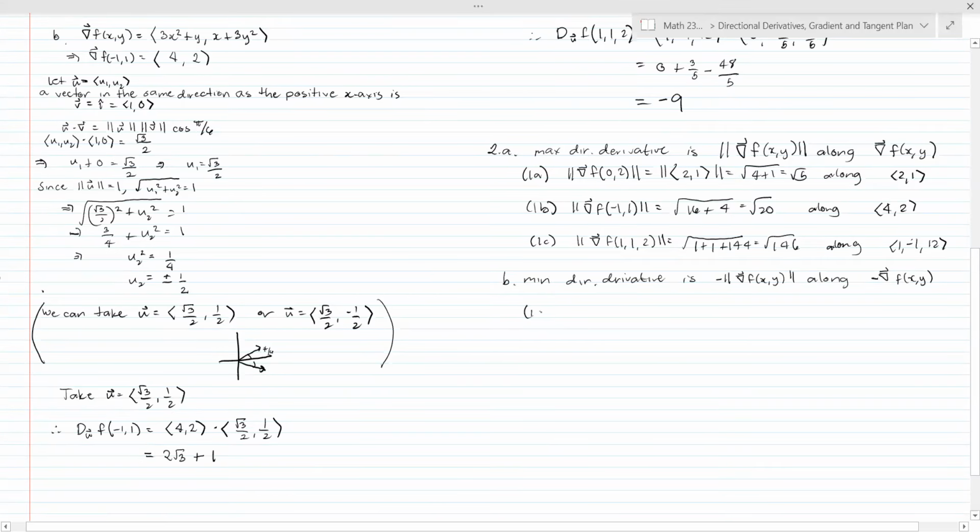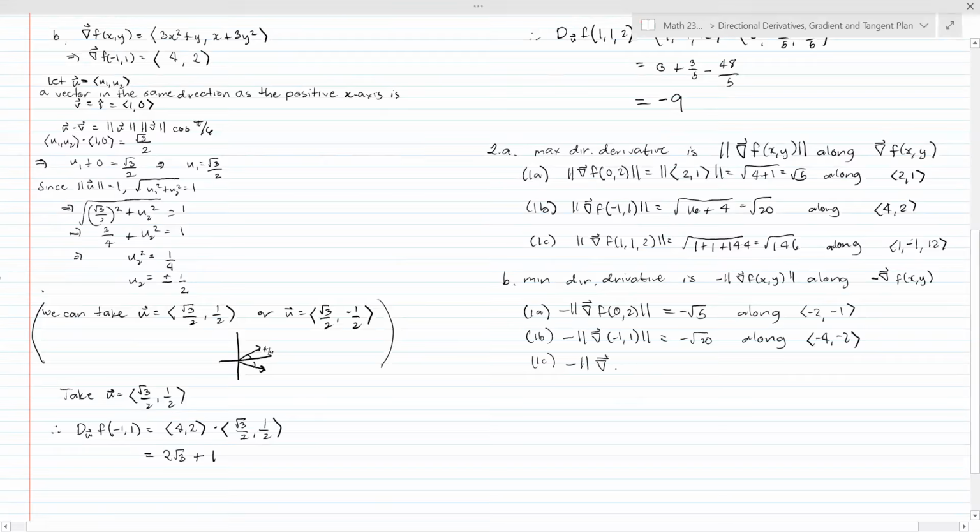So, minimum possible ay yung negative lang ng gradient evaluated at (0, 2). So that's negative square root of 5 along opposite direction, (-2, -1), and then so 1b, this is negative square root of 20 along (-4, -2), and finally, sa 1c, negative ng norm ng gradient at (1, 1, 2).